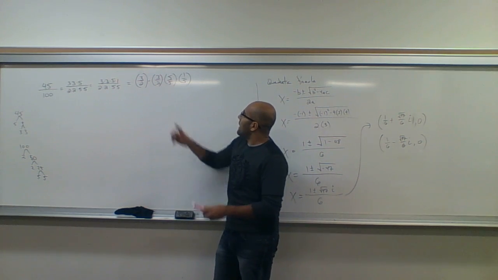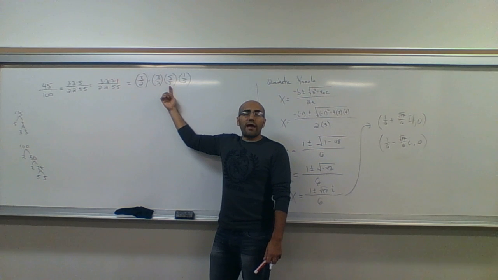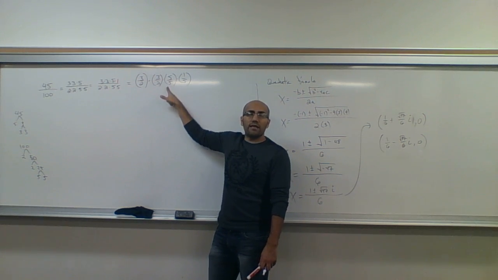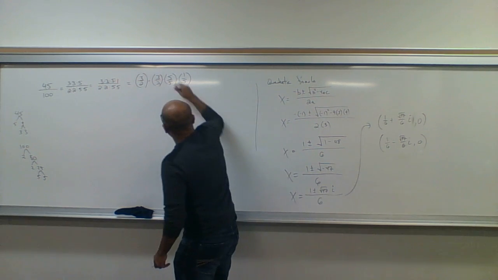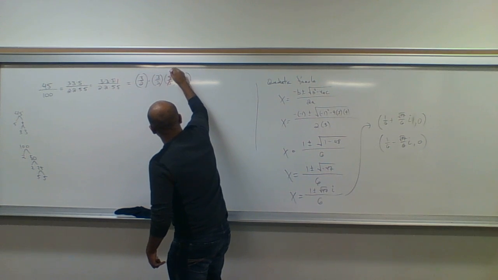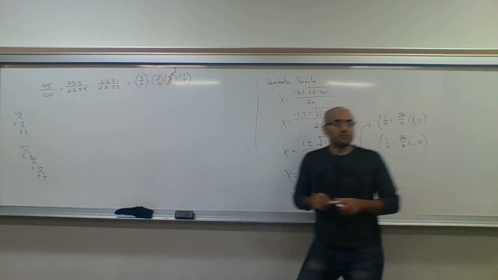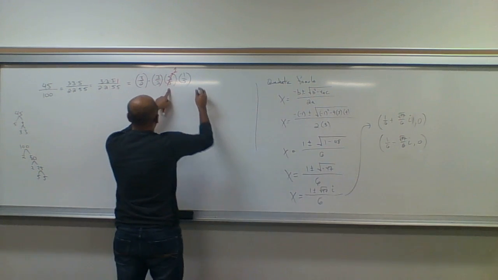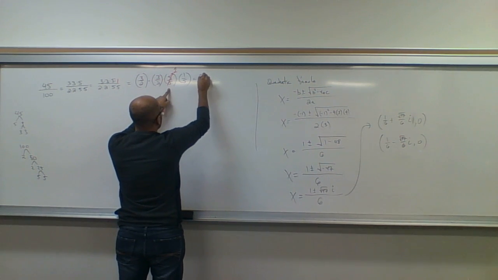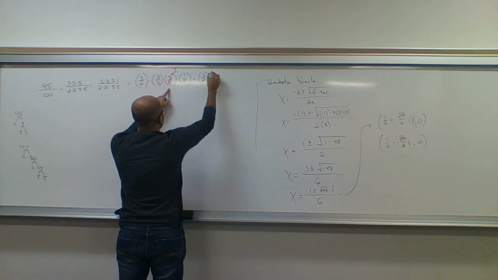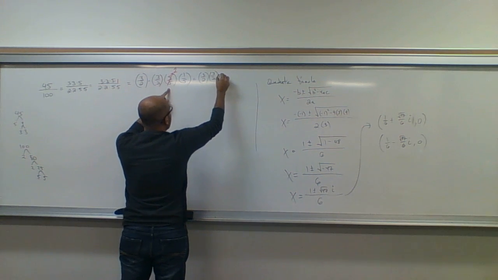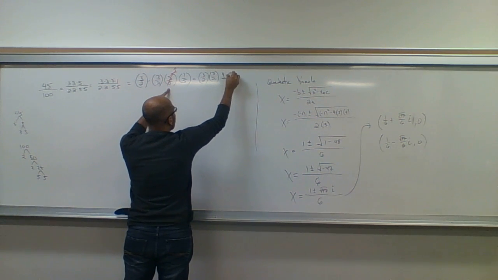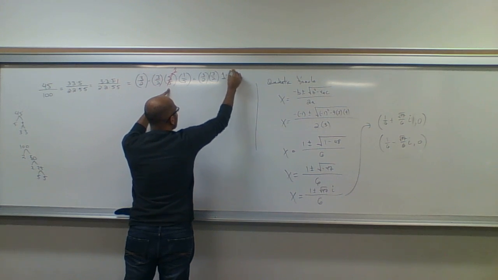The reason I did that is to get to this point where we have a fraction where the numerator and denominator are identical. Whenever we have that, that is a new version of 1. Good? New version of 1. So I can rewrite that as 3 over 2, and then another 3 over 2, and then this is just a 1, and then a 1 over 5.